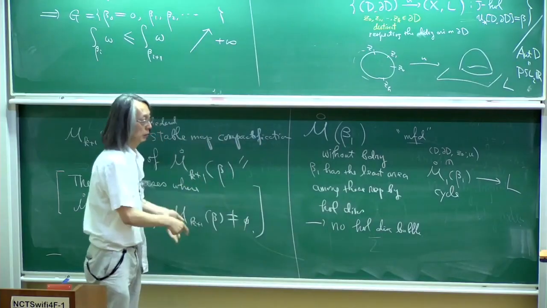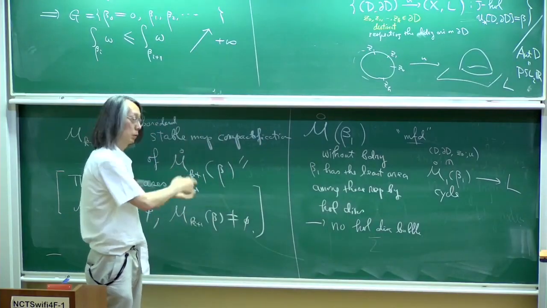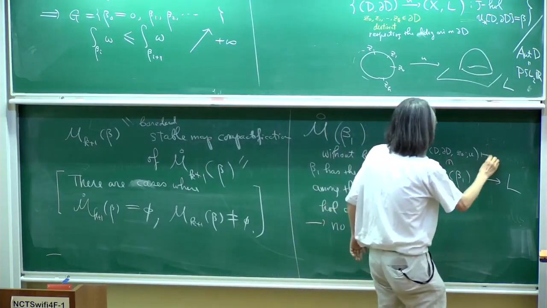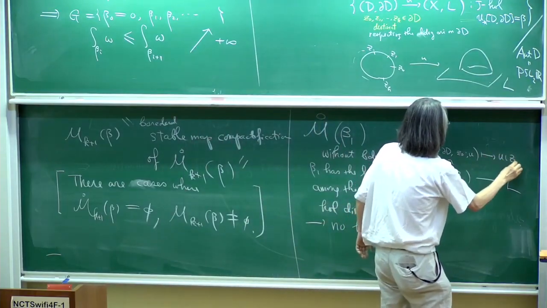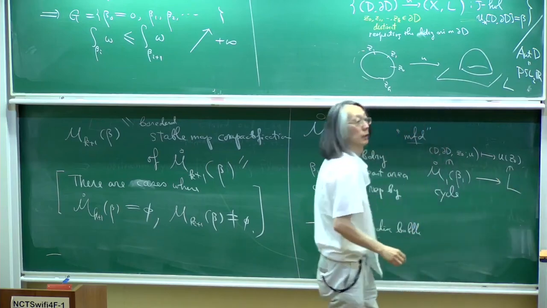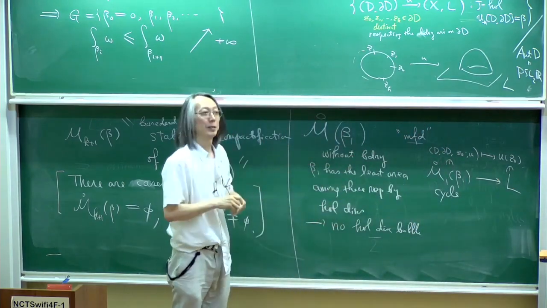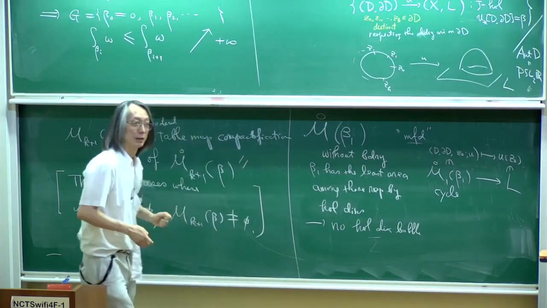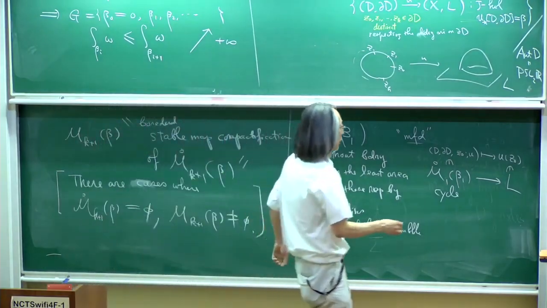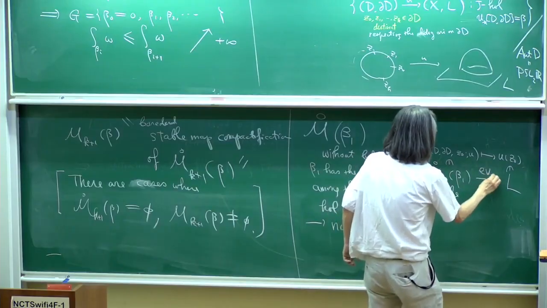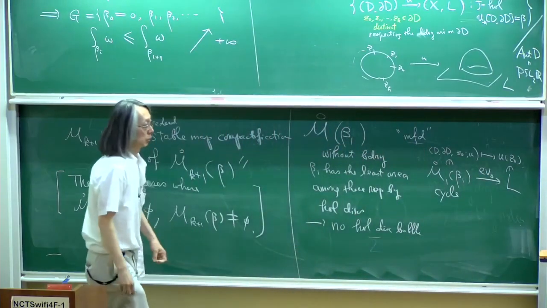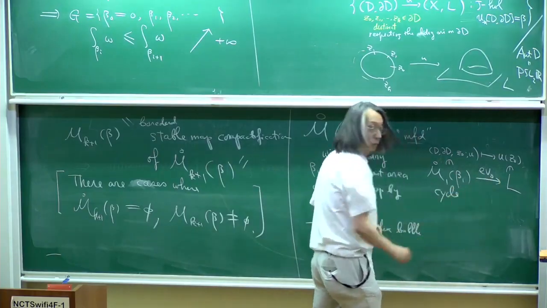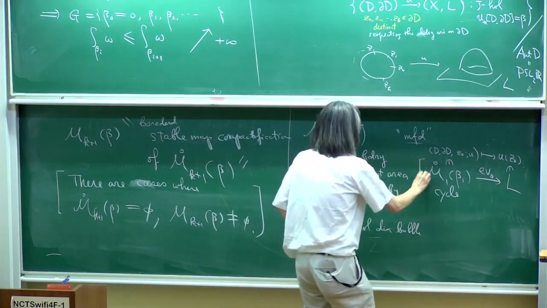So I have a disk and boundary marked point z_0 and the map u, and then I can map it to u(z_0). So this is somehow answering your question. So putting a marked point, you can talk about the value there. So we call it the evaluation map. So you have a cycle, and then you have the image of the cycle. So therefore, this one gives you a cycle, right?